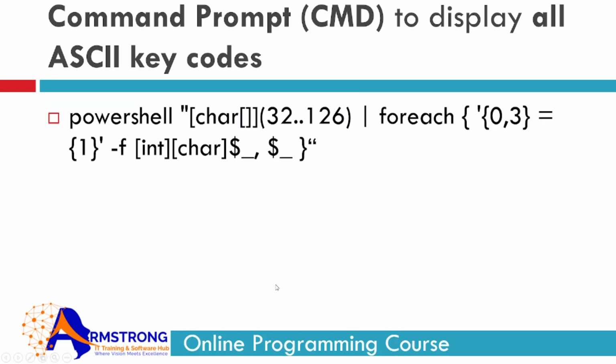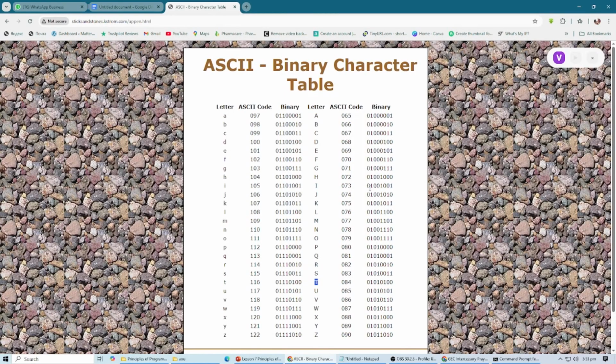Now, having said that, let's look at a typical example. Let's assume that we have the alphabet T. Now the alphabet T, you can see this is its binary code, which is 1010100.